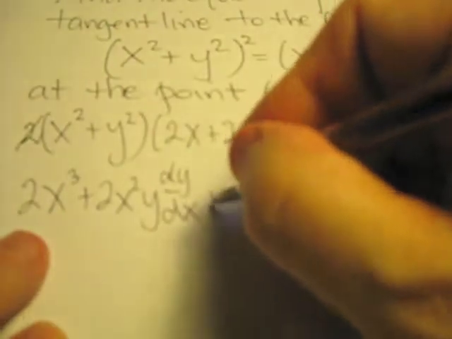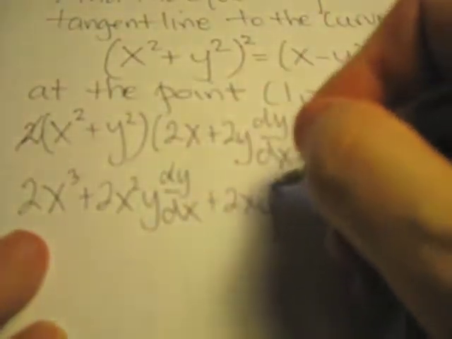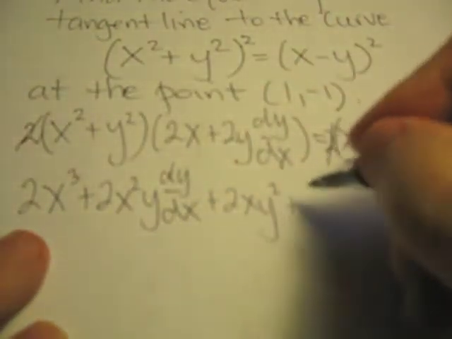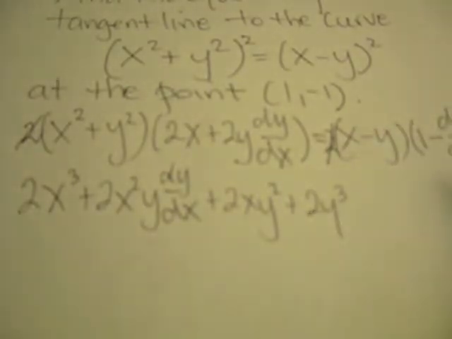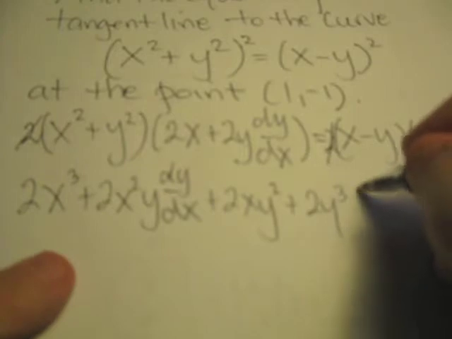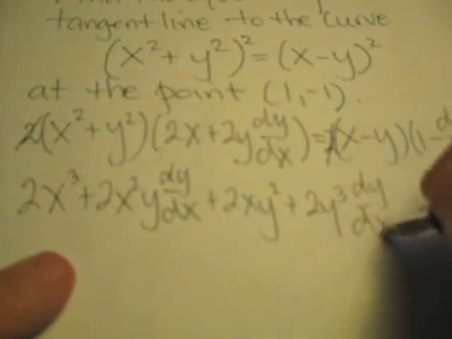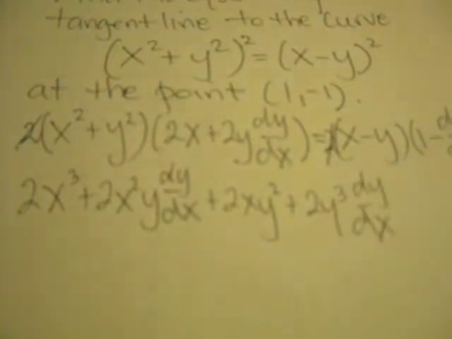We're going to have a 2xy squared, and finally a 2y cubed dy on dx. Okay, so that's our left side.